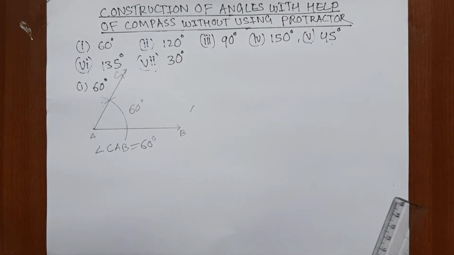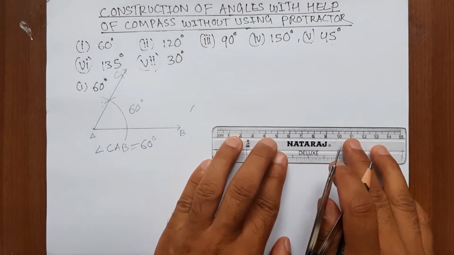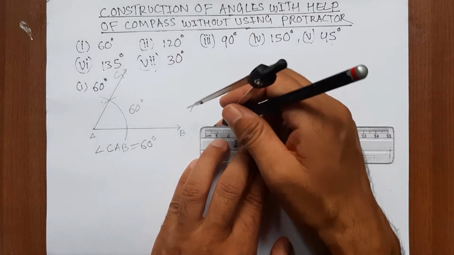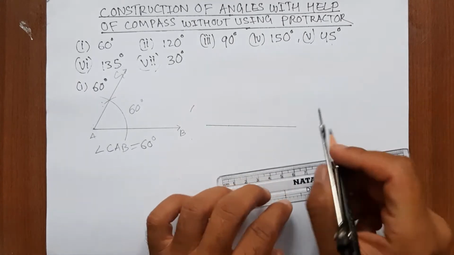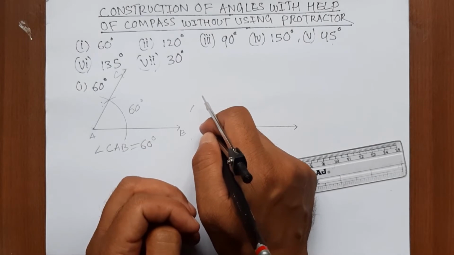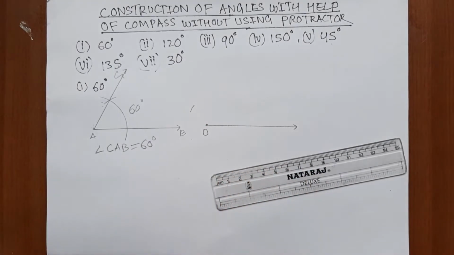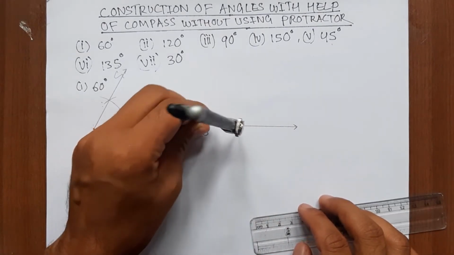Now we will make a 120-degree angle. The procedure is the same. Let us draw a ray or a line segment. Let us name it O. The same procedure, put the pointer here.